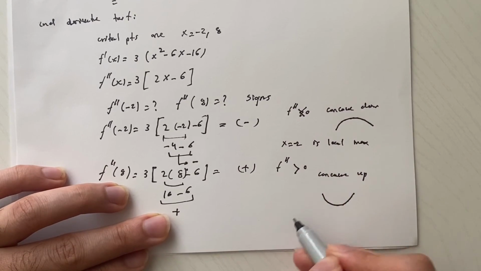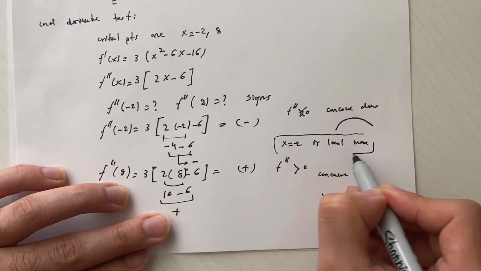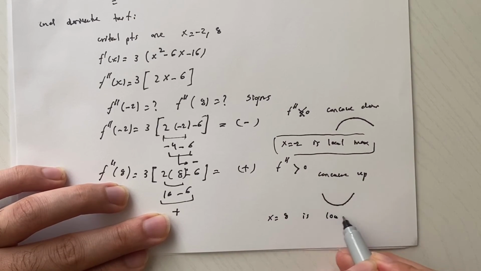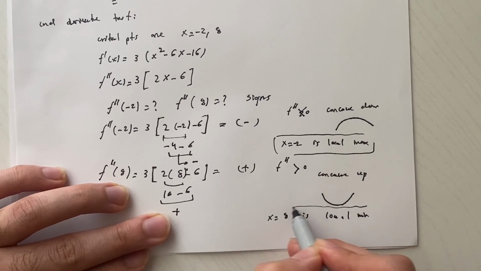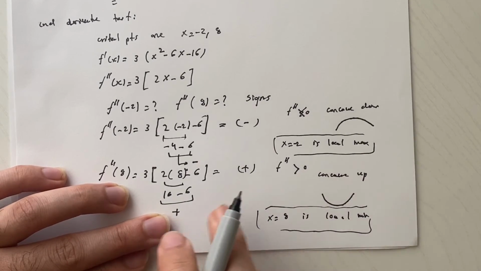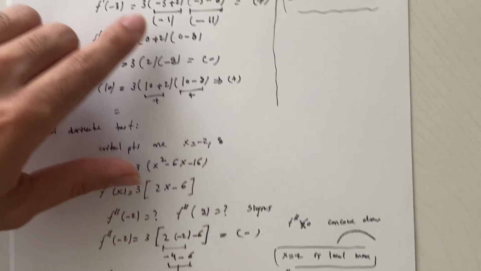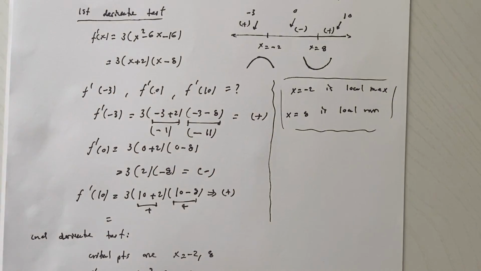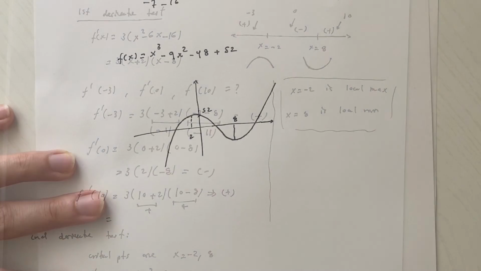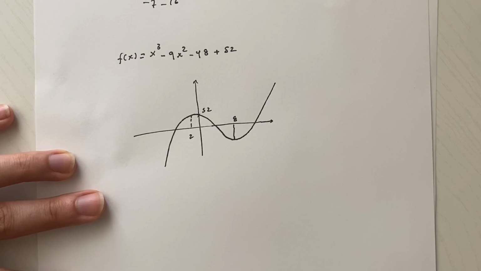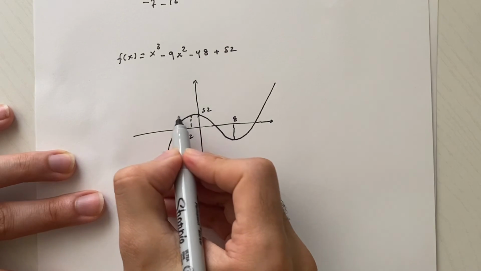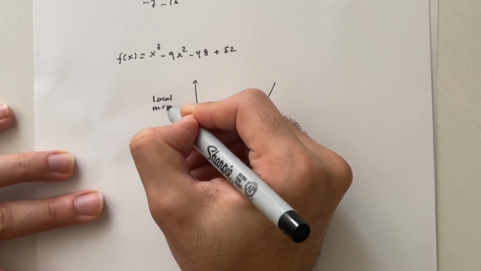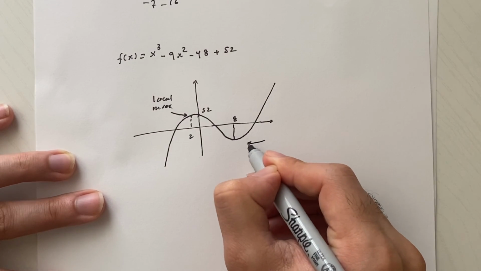Therefore, at x equal to minus 2, there's a local maximum. Then at x equal to 8, the shape is concave up, therefore there's a local minimum. And this is the same thing we found in the first derivative test. Now if we graph this function, we can see clearly that at minus 2 there's a local maximum, and at 8 there is a local minimum.